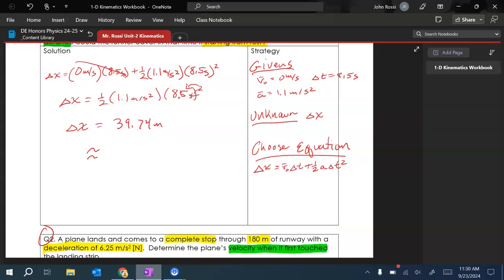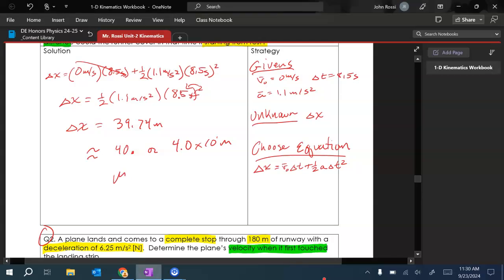So you could have said 40, or in scientific notation, 4.0 times 10 to the first. Both of those answers are in meters. Distance is in meters, and that sums up that one.